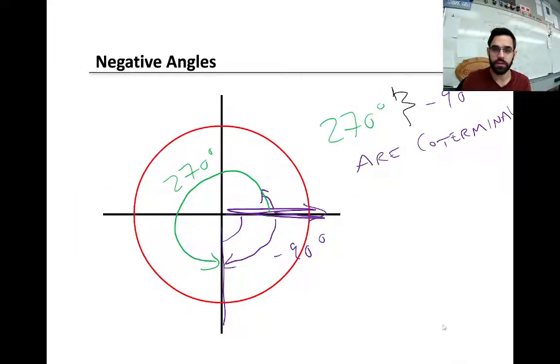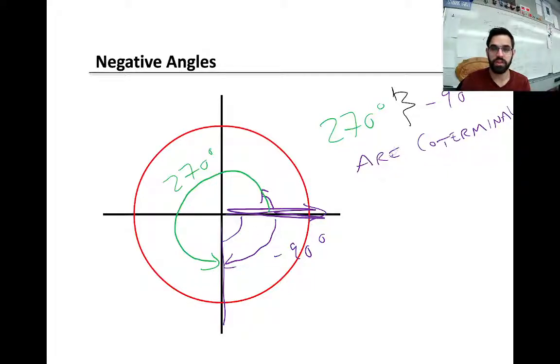Negative angles. If we go clockwise on the unit circle, essentially what we're doing is finding negative angles. So if 90 degrees is going counterclockwise, straight up, negative 90 degrees will be going clockwise, or straight down. So this would be negative 90 degrees here in purple. Negative 90 degrees would end up in the same spot as positive 270 degrees.